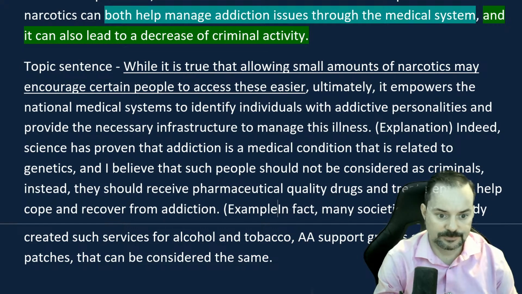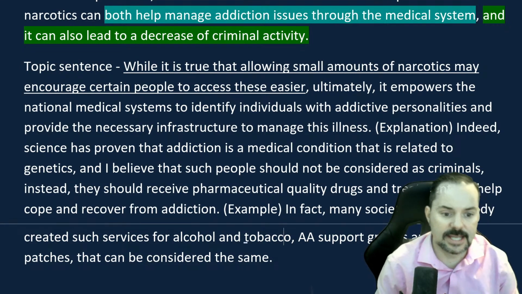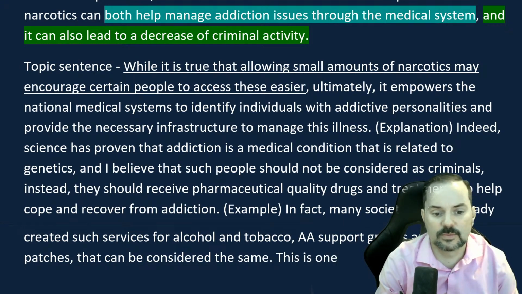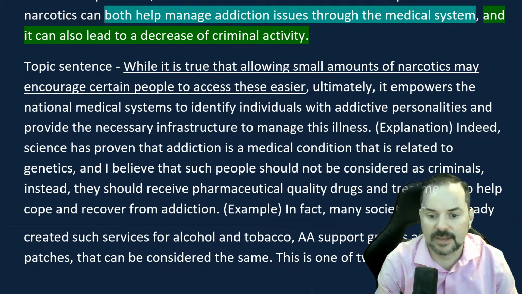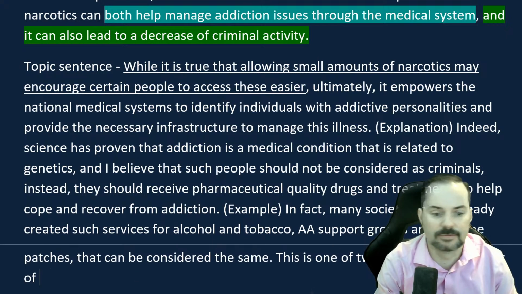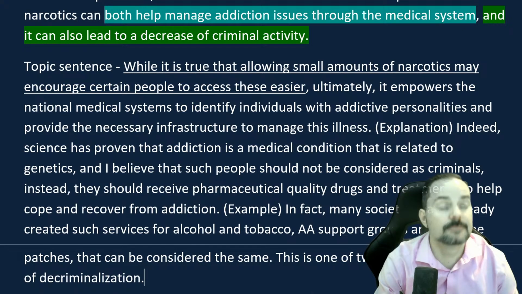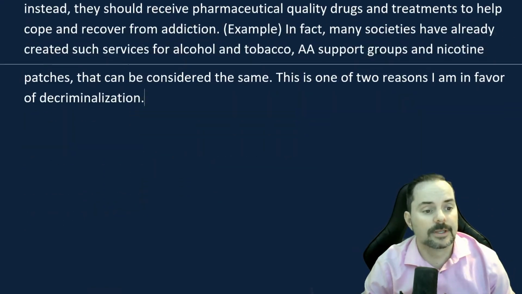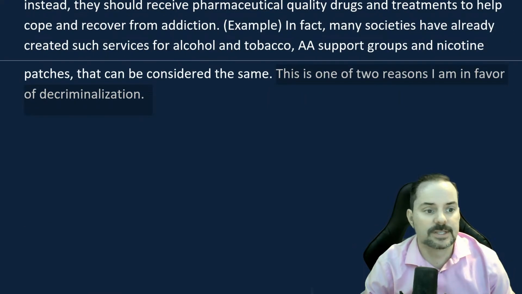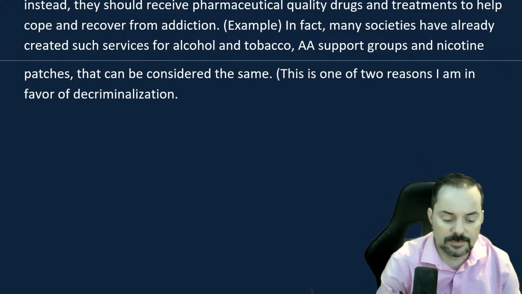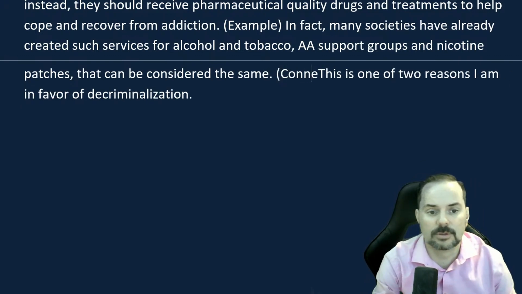Okay, and now for a connecting sentence, I can say this is one of two reasons I am in favor of decriminalization. Keep your connecting sentences in IELTS simple.